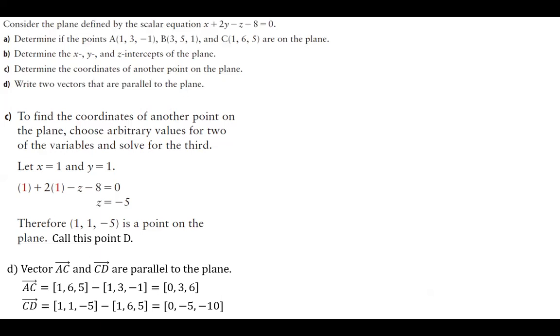And in question D, we know vector AC and vector CD are parallel to the plane, right? Because vector AC is (0, 3, 6), and vector CD is (0, -5, -10), which can both be expressed as a number times a vector (0, 1, 2), right?